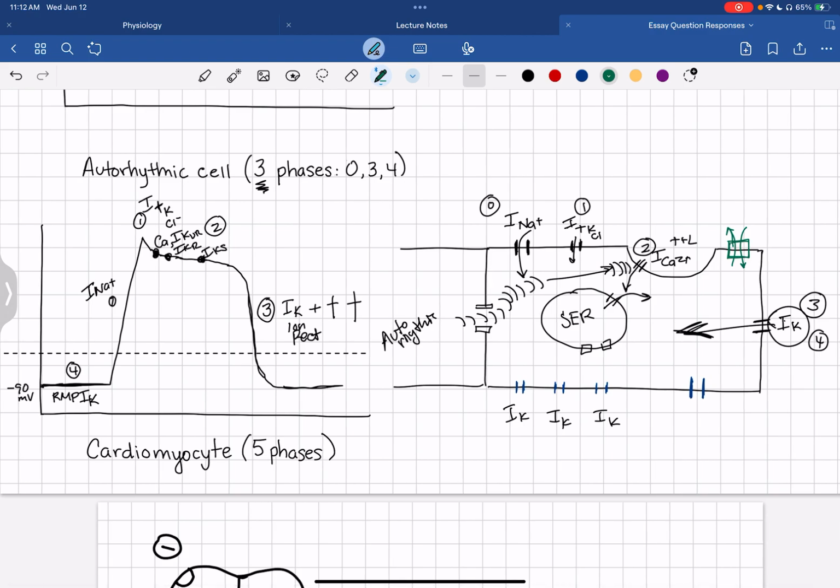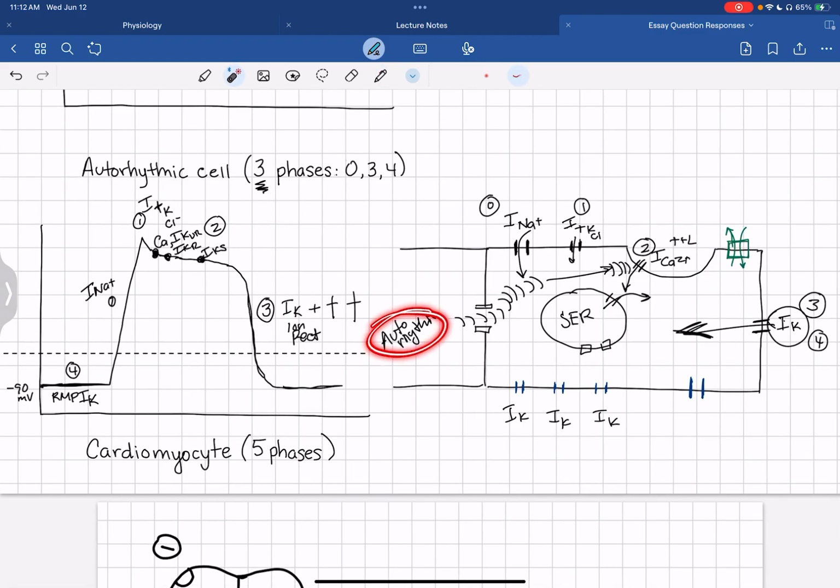And so, as we see, when the autorhythmic cell depolarizes, it's going to send out ions, which are going to spread, and it's going to cause an action potential in these cardiomyocytes, which is going to spread to the next cell over and cause an action potential in the next one, which then spreads to the rest of the heart.